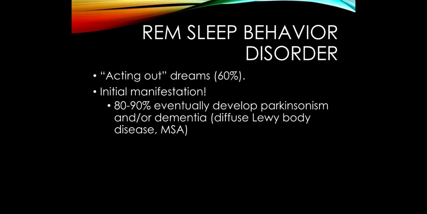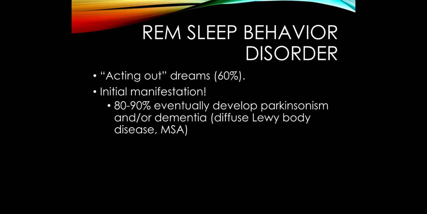And so REM sleep behavior disorder, these individuals lose that muscle paralysis, and so they can be quite violent during sleep. Especially, I work at the VA, and veterans frequently have PTSD. They're remembering things from their military service. And I've had a number of vets where their spouse needs to sleep in another room because they're just thrashing around violently at nighttime.